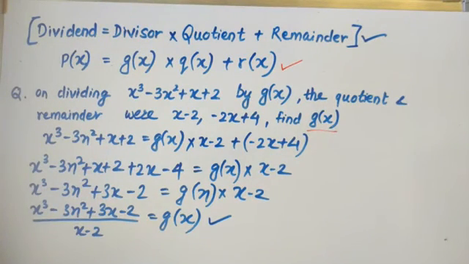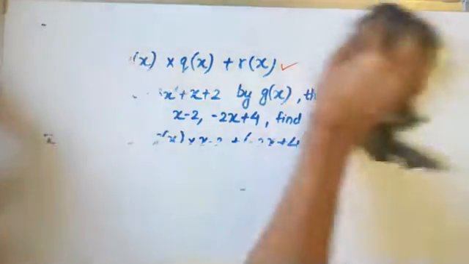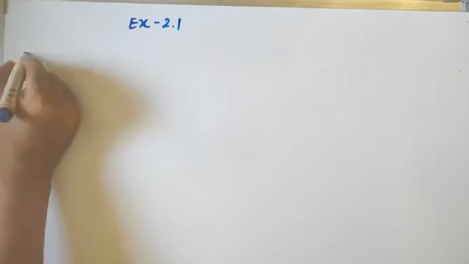Let us see exercise 2.1. What does exercise 2.1 say? It is a graphical exercise. Let us suppose an example.